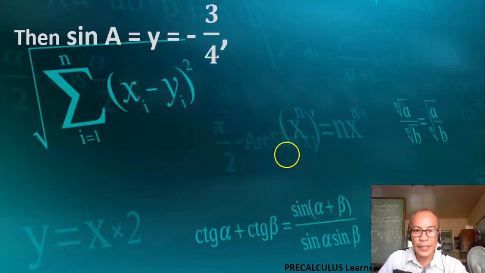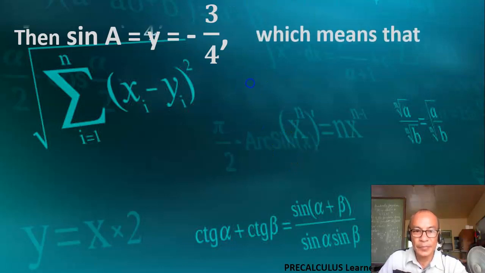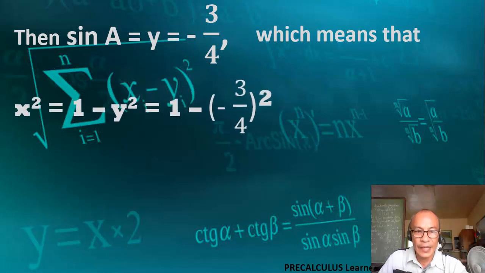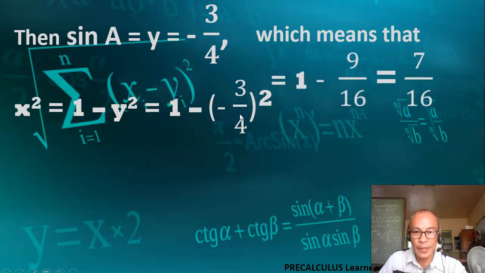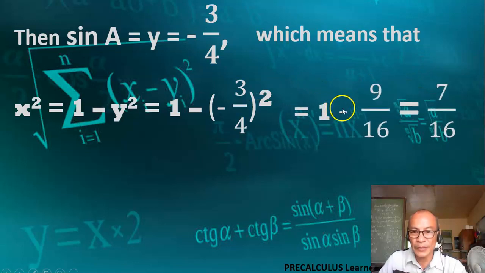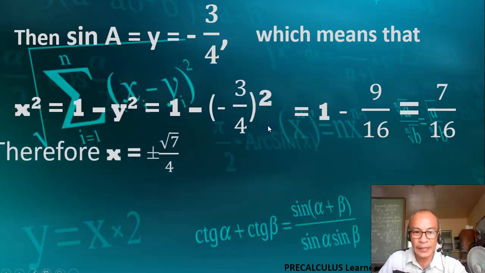Therefore, if sine A is equal to y, which is equal to negative 3 over 4, this means that from the equation of the circle, x squared is equal to 1 minus y squared. So, this is equal to 1 minus negative 3 over 4 squared, which is equal to 1 minus 9 over 16. Subtracting it from 1, we have 7 over 16.